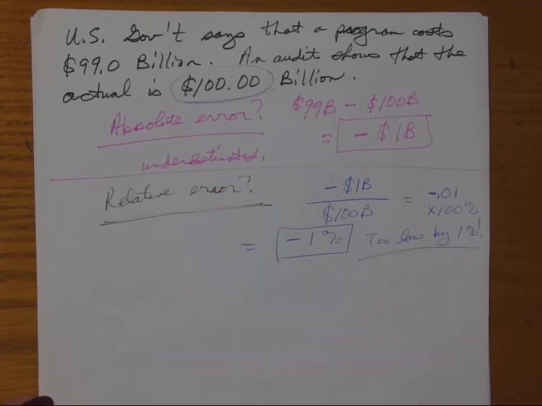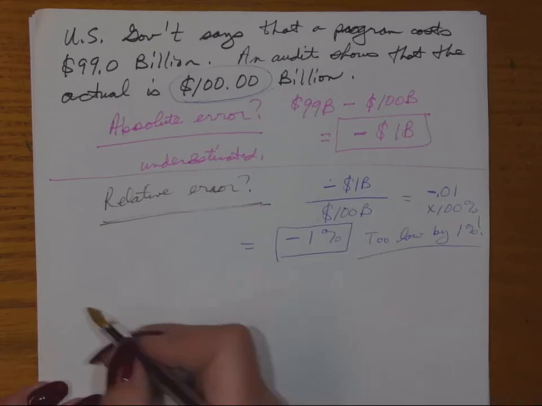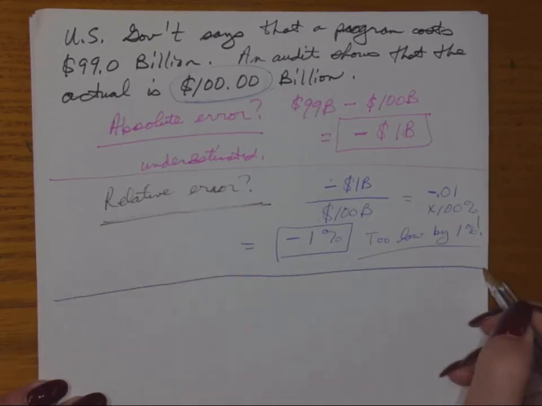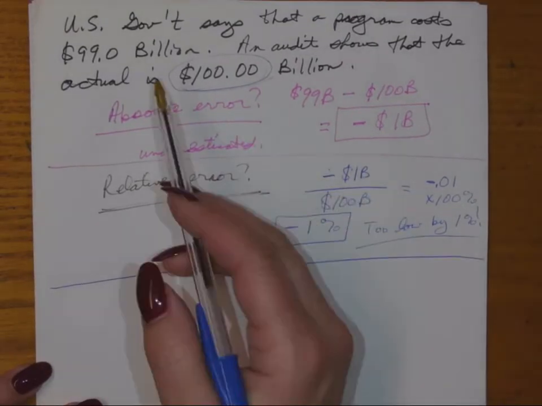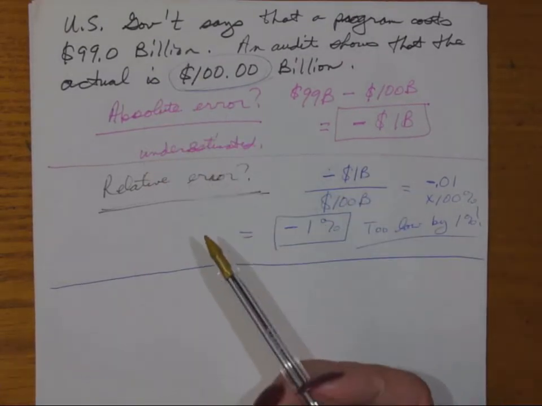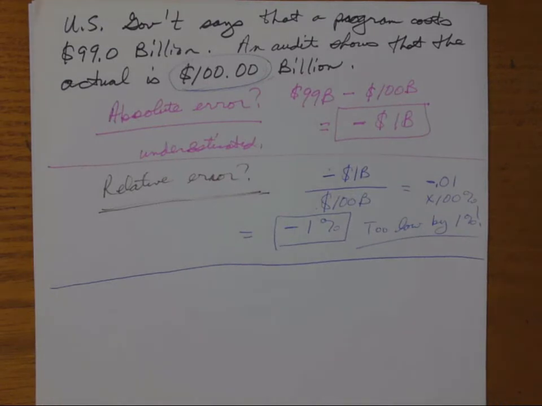Which doesn't sound like a bunch. Oh, it's only 1% off. That's not that big of a deal. Well, it is whenever we're talking $1 billion off, right? And why doesn't it look that big? Well, because the actual value was really huge. So a big error off of a big number is still a small percentage of that big number. That's what's going on there.